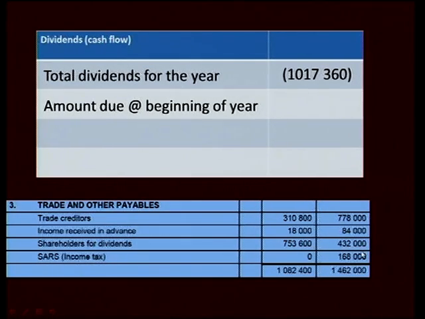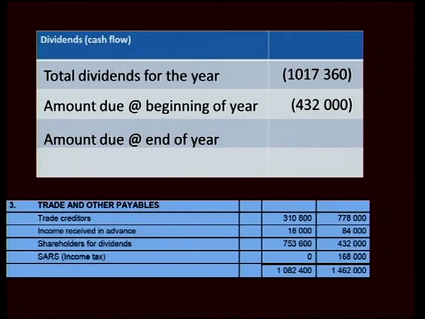An amount due at the beginning of the year. We also need the amount due at the end of the year. Now remember, this amount has not been paid yet. This is still due to the shareholders. So if you add that together, magic, you'll also get to 695,760. So grade 12, do you see?